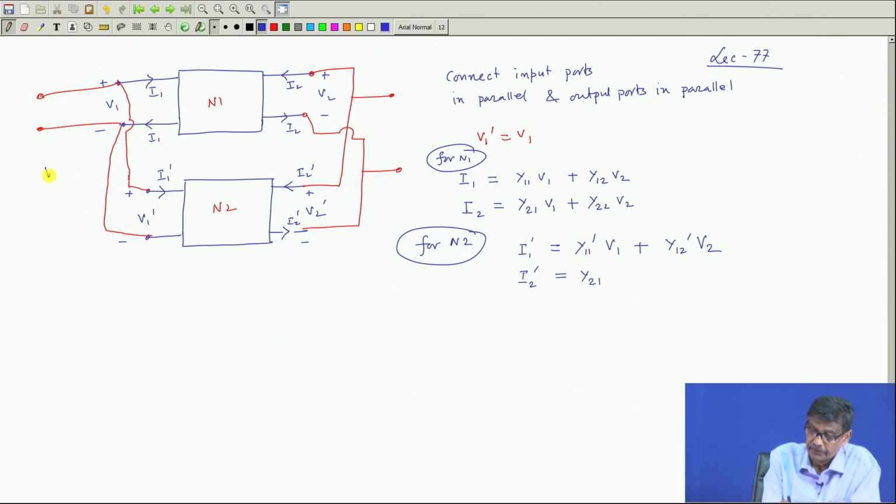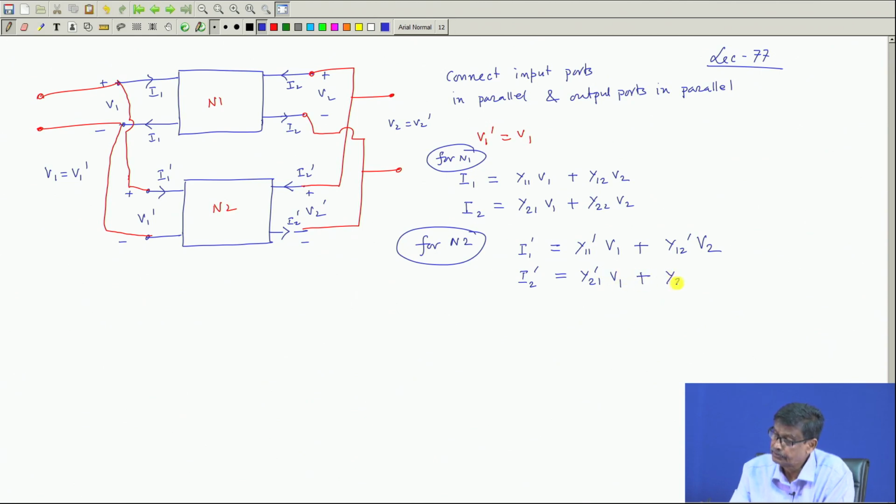So, mind you, V 1 is equal to V 1 dashed. Similarly, V 2 is equal to V 2 dashed. Therefore, I 2 dashed is equal to y 2 1 dashed into V 1 plus y 2 2 dashed into V 2.